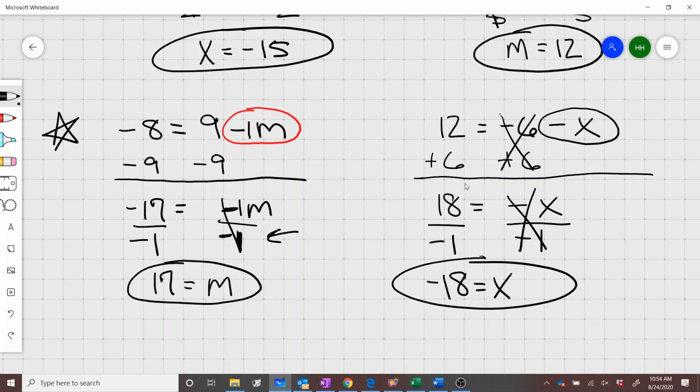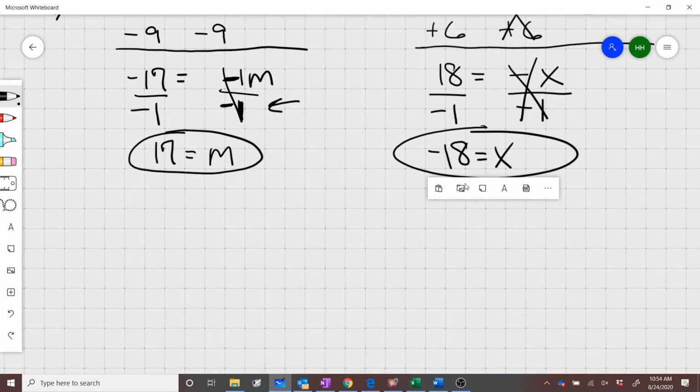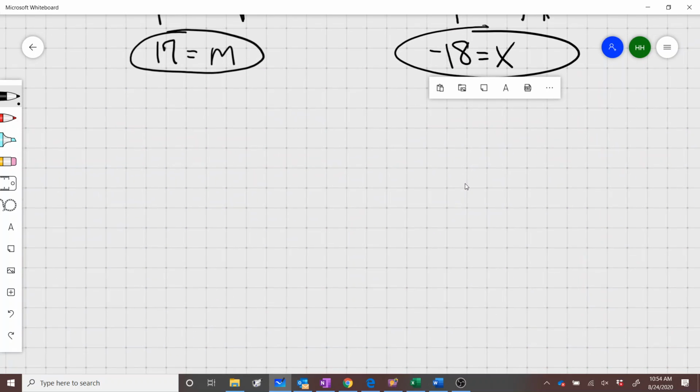Alright, I'm going to give you a couple more examples here. Anybody got any questions? Let's do negative 12 equals negative 1 minus 6b. This is just another example. We're going to isolate the negative 6b, so we're going to add 1 to each side.